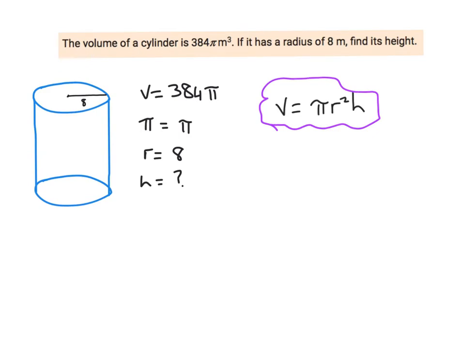So here, instead of V, I'm writing down my 384 pi is equal to, well, pi is pi, so I'm putting in pi here. R squared is 8 squared, and h I don't know. Okay, so the first thing I'm going to do is divide by pi here, and I'm also going to divide by pi here.